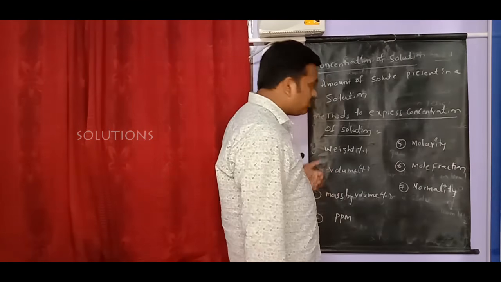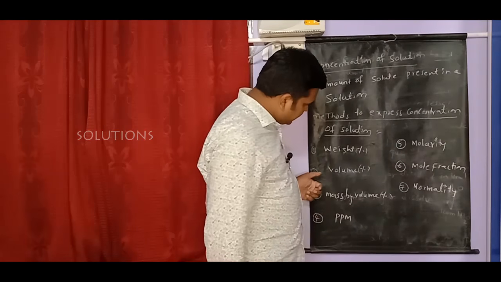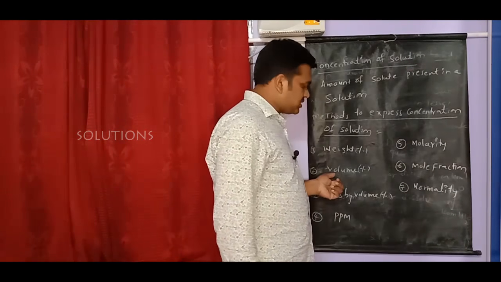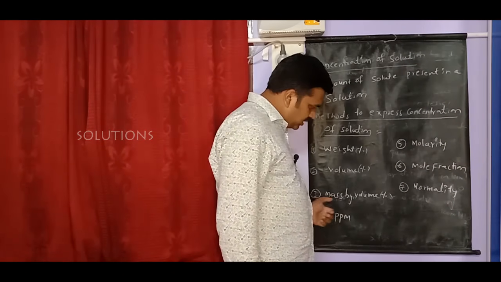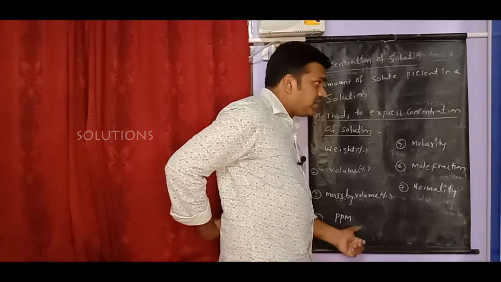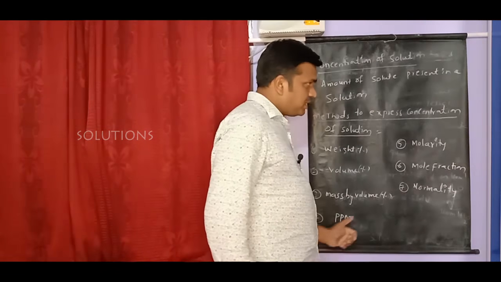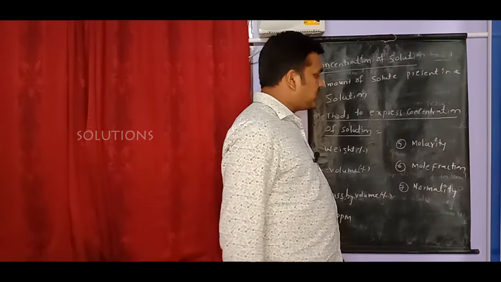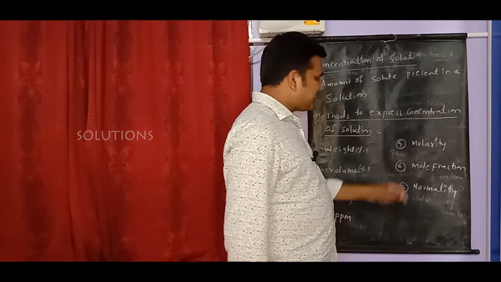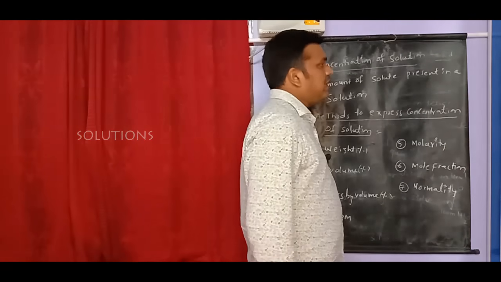What is the first method? You can see weight percent, or you can say mass percent. The second one is volume percentage. The third one is mass by volume percent. And the fourth one is ppm. What is the full form of ppm? Parts per million. The next concentration term is molarity, then mole fraction, and the last one is normality.